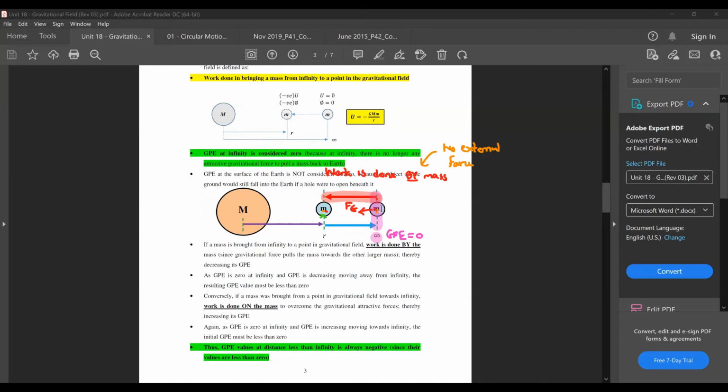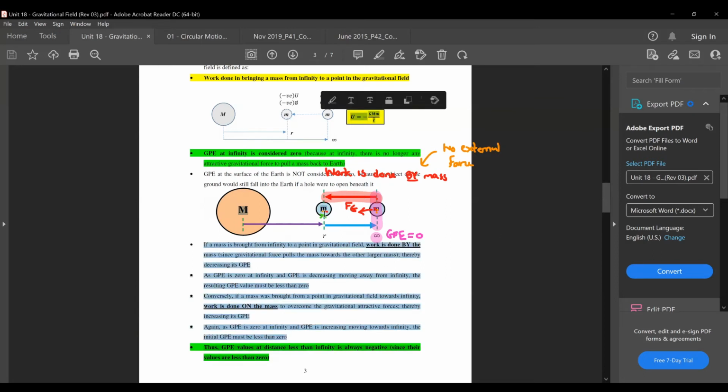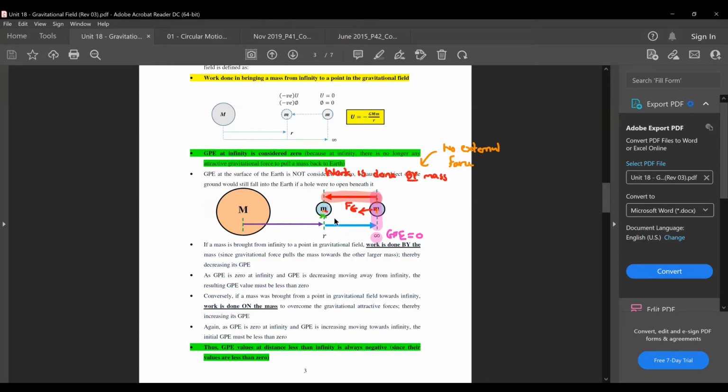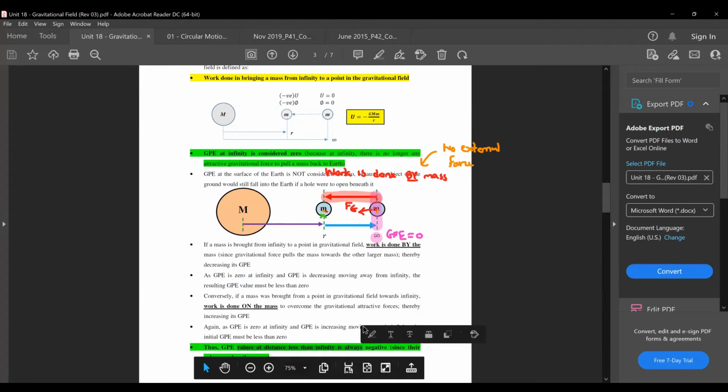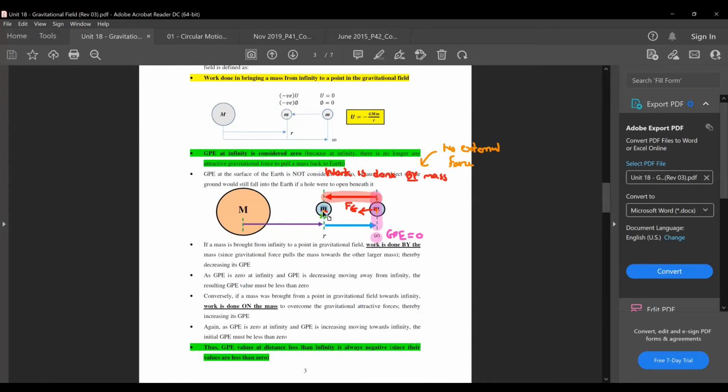So I'm trying to bring the test mass from infinity to a point inside the gravitational field. By definition, gravitational potential energy at a point is whatever work you did to bring the mass from infinity to that point. I told you that GPE will be negative, so I'm trying to explain why GPE values are negative for distances less than infinity.